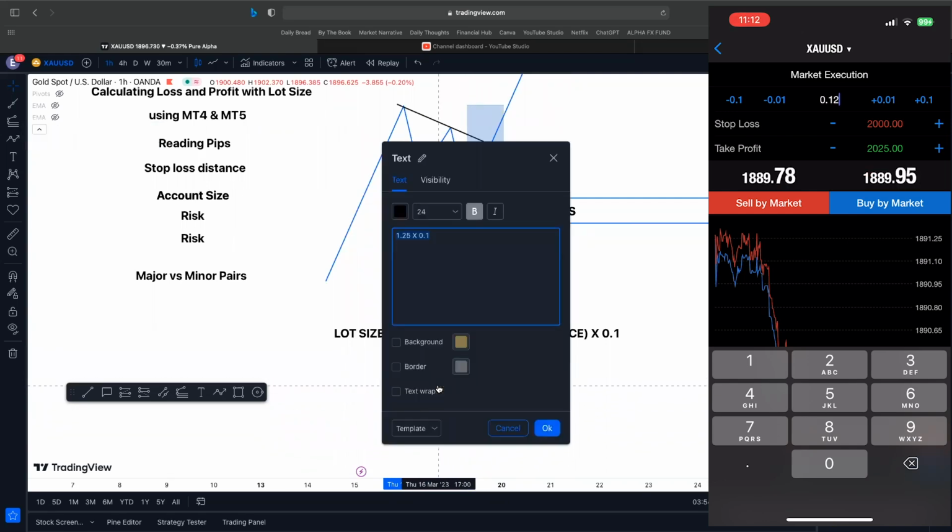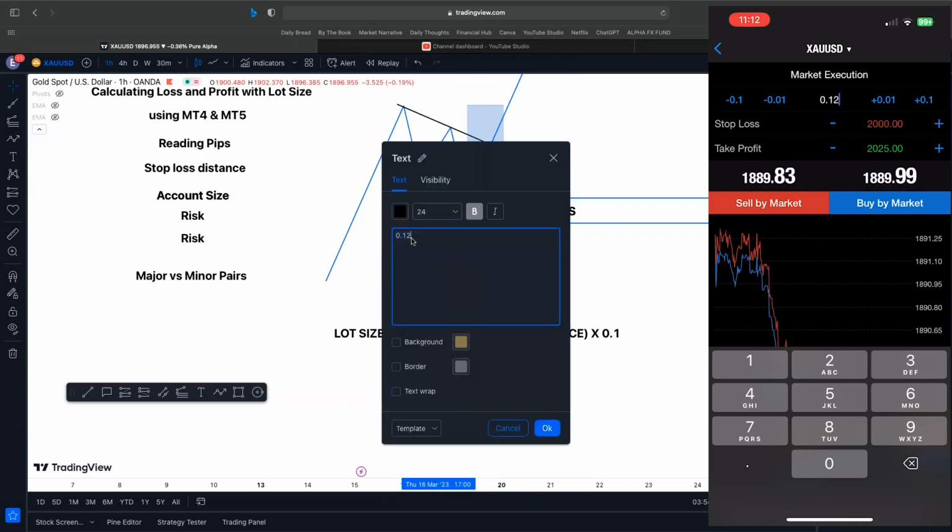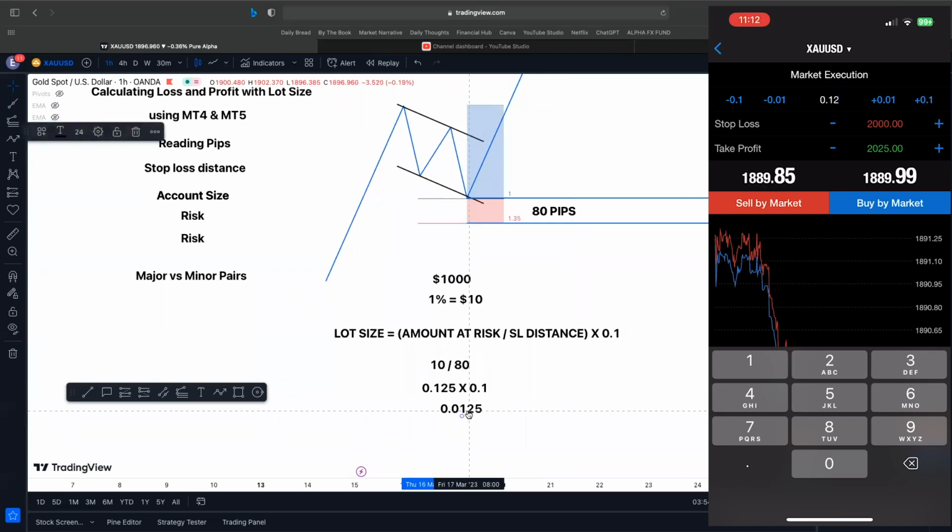Let me calculate on my calculator: 10 divided by 80 is 0.125, and then multiplying that you get 0.0125. So you can see this is way below. The maximum you can put on this one, I'd suggest, like I said, is to round off to the lowest.